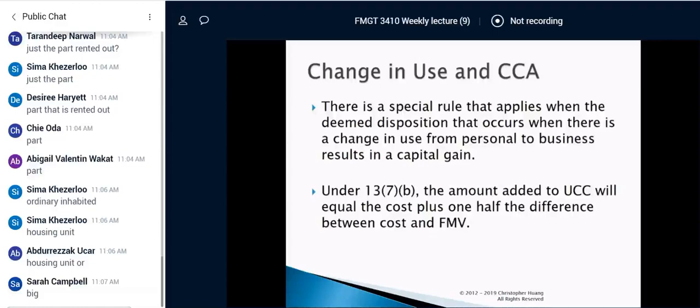And what CRA said was, we will accept that as long as the renting is ancillary, meaning a secondary use of your house, then we'll ignore the change in use and we'll continue to accept that the whole house is a principal residence.